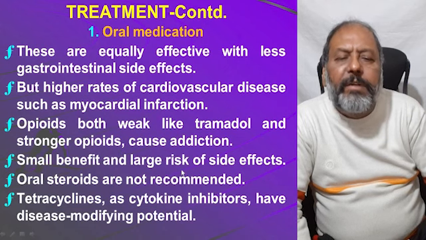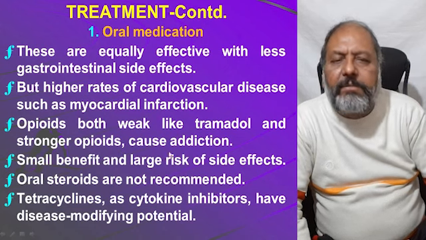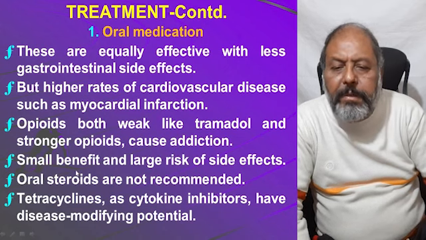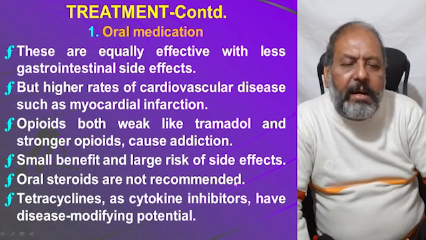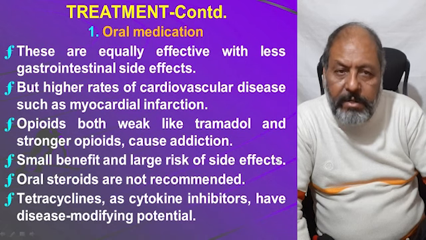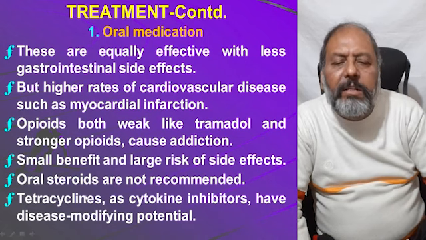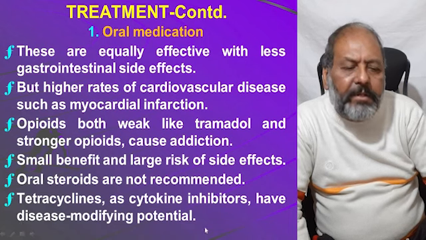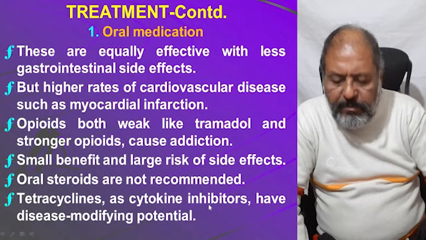Opioids, both weak like tramadol and stronger opioids, cause addiction, but are very helpful to relieve the pain. One has to consider small benefits and large risk of side effects. Oral steroids are not recommended. Tetracycline, as a cytokine inhibitor, has disease modifying potential.